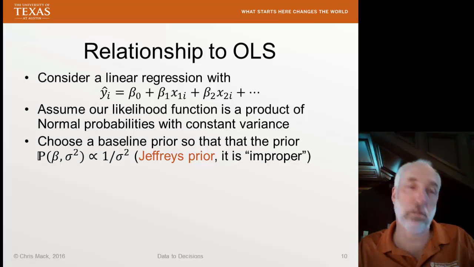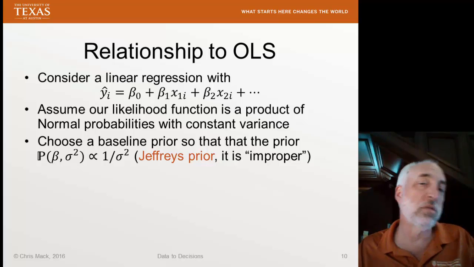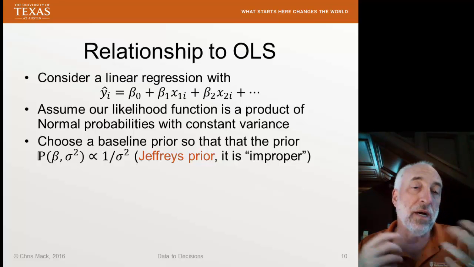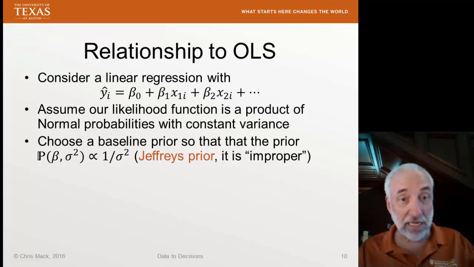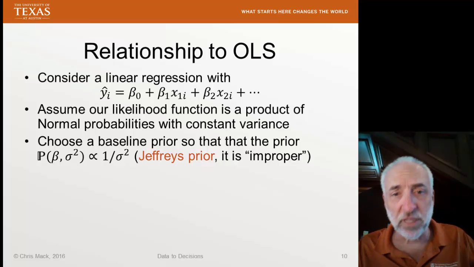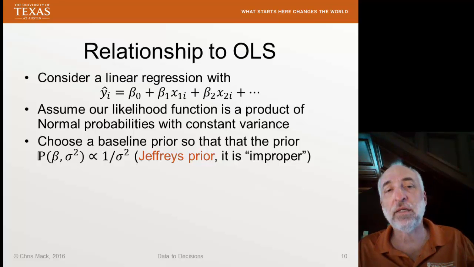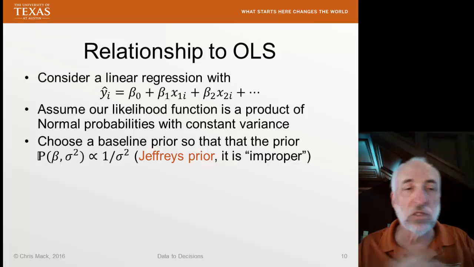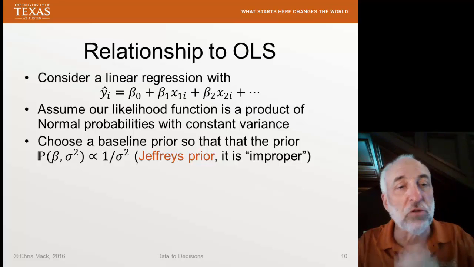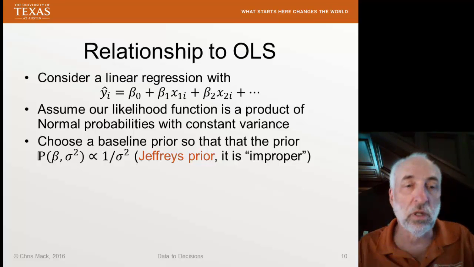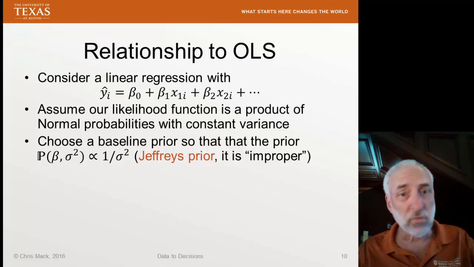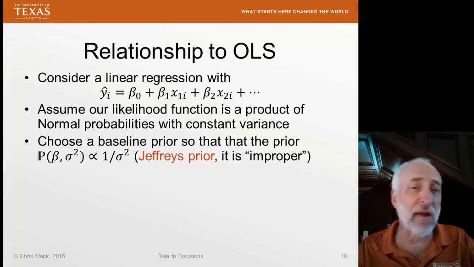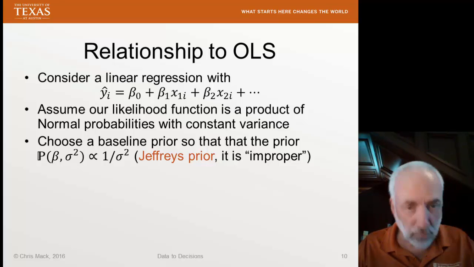It's also improper. Why is it improper? Because a true PDF must integrate to 1, but the Jeffreys prior integrates to infinity. There's no limit, plus or minus, on any of the betas, so the possible ranges are unbounded. That makes it an improper prior and kind of hard to interpret from a Bayesian perspective.